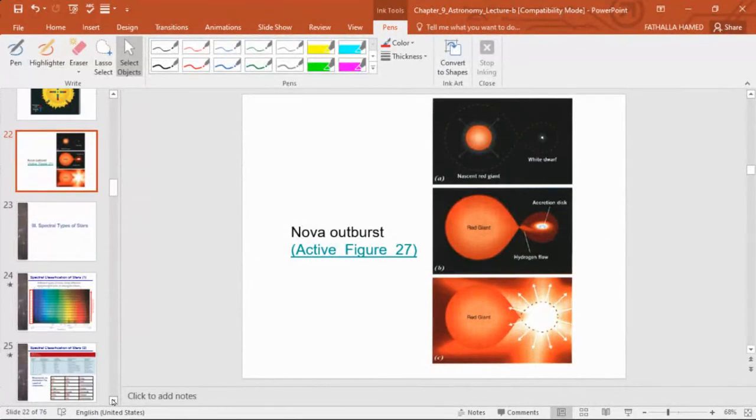So that's basically stars. And how can we look at them? And when you have a binary star and one of them is a white dwarf, what would that do in that case?